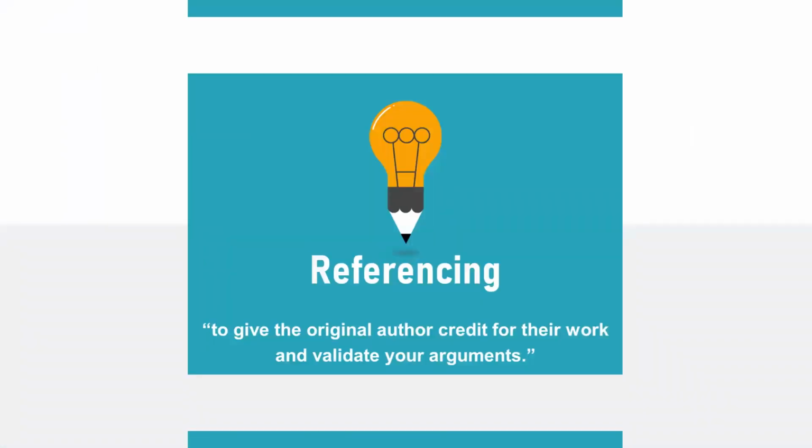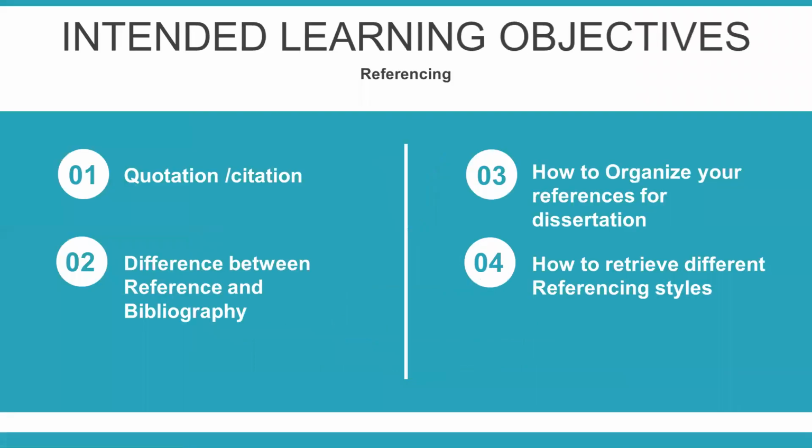Now, as you all know, referencing is to give the original author credit for their work and validate your arguments. It is not just giving credit, but it also validates your research and your arguments.